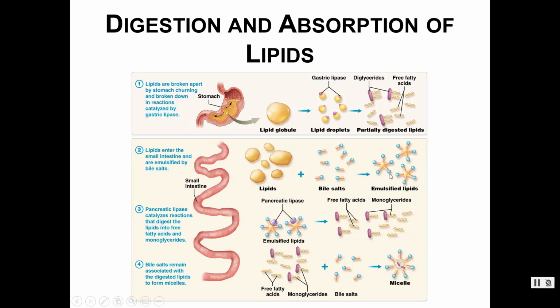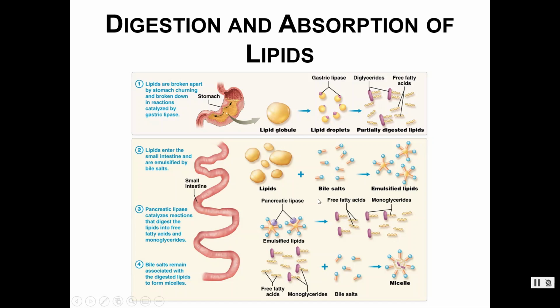When we talk about emulsification, we're really just trying to make these lipids easier to transport, because lipids are hydrophobic, and because of all the water content in the digestive juices, it makes it a little hard to transport them otherwise. Then the pancreatic lipase comes in and does a little bit more digestion.